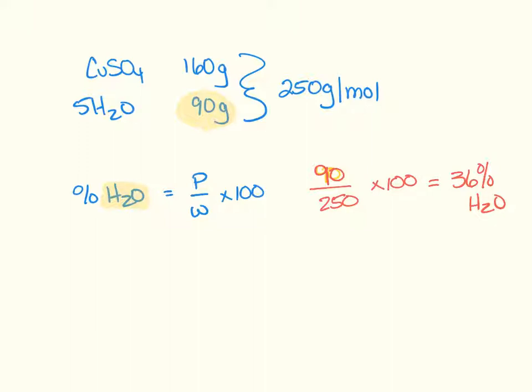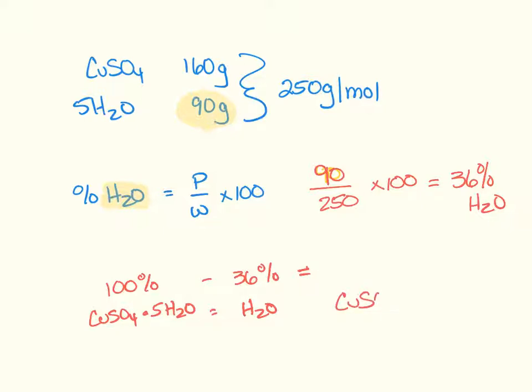We can figure out that if we have 100%, which is the CuSO4, the copper 2 sulfate with the waters attached, and we subtract the part that is water, which was 36%, what we are going to have left is the copper 2 sulfate, which is just the salt, and that would give us 64% salt. Or we can actually do the calculation again. We could do the percent of copper 2 sulfate.